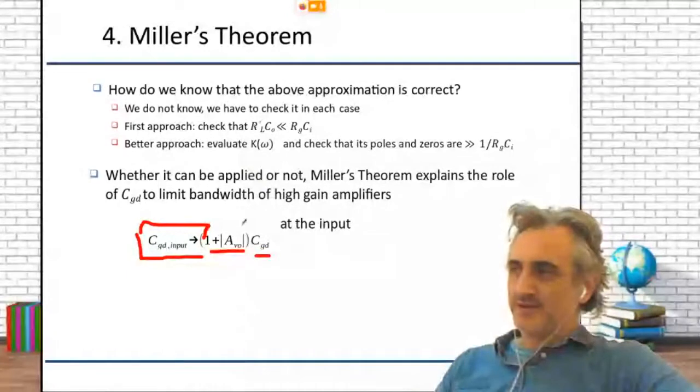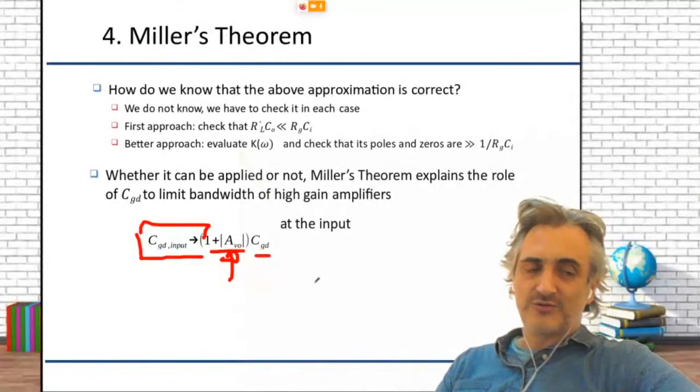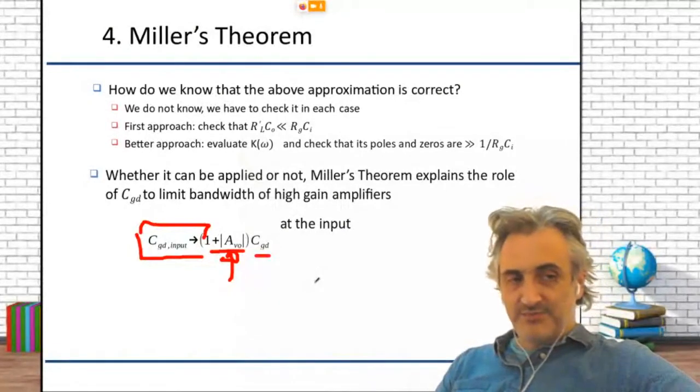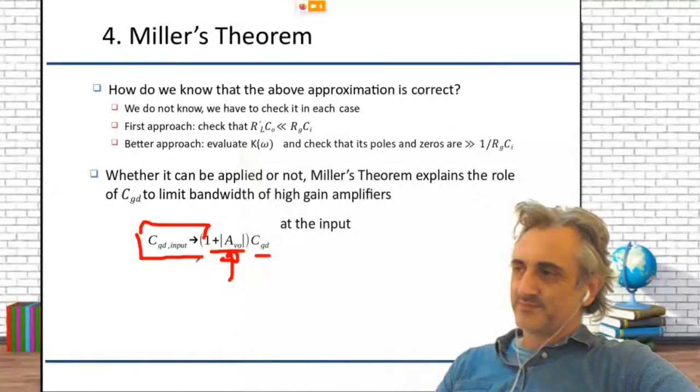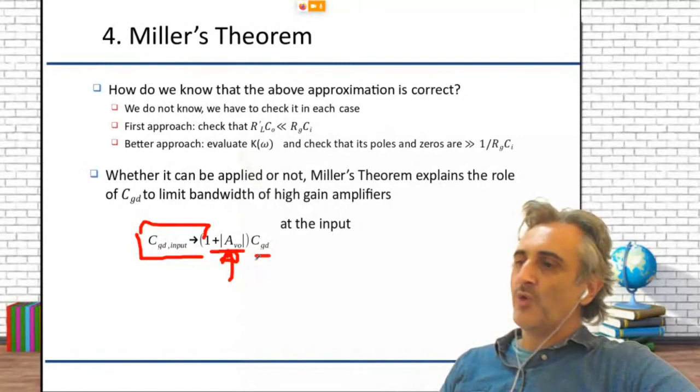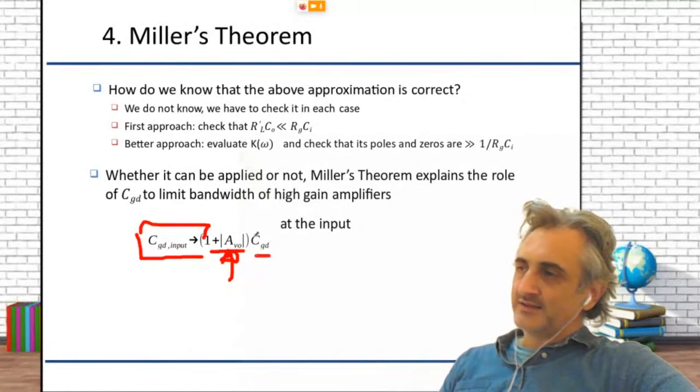This is because of Miller's theorem. It's irrelevant if this gain is at low frequency or at high frequency. The important thing is that there is a gain, and if there is a gain, then Miller's theorem applies. So we can use this theorem to explain why we are seeing a much larger capacitance at the input than the one that is physically real.